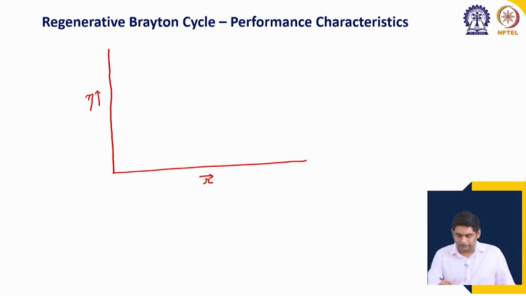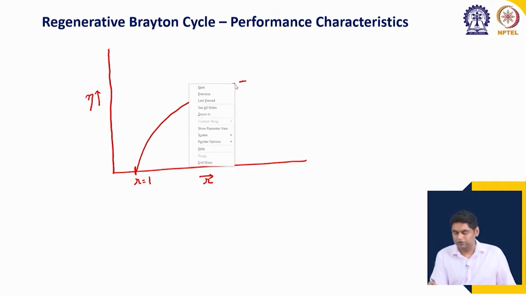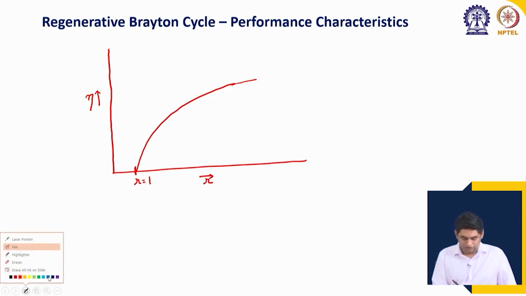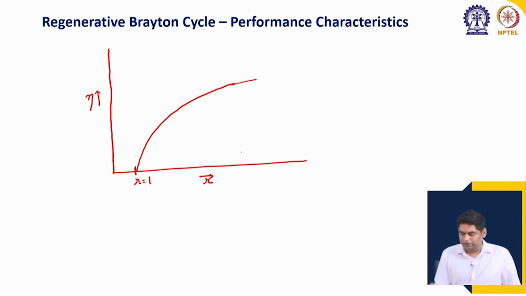For standard Brayton cycle, at r equal to 1, which is the theoretical minimum value of r, efficiency is 0 and then it keeps on increasing like this. So, this is for standard Brayton cycle.